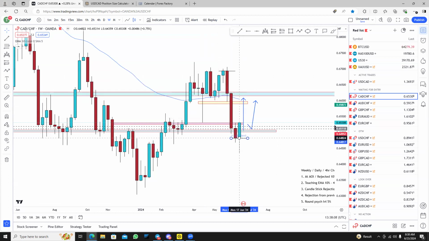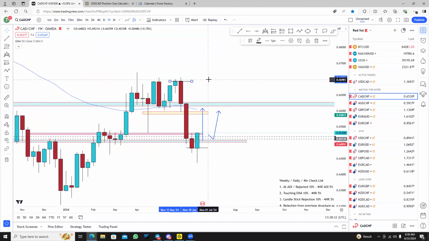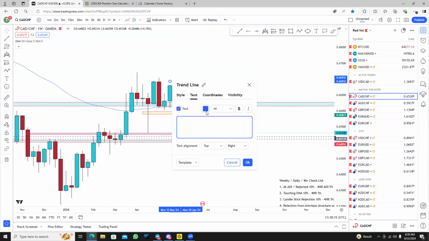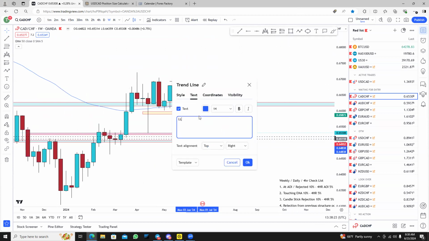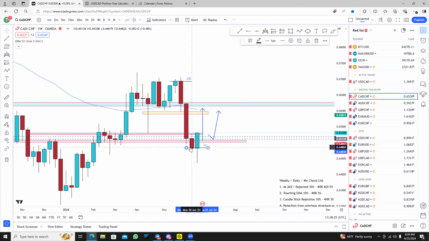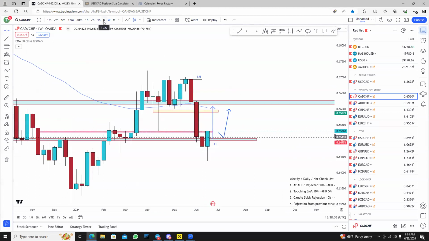That's your lower low. That's your lower high. I can mark it down for you. High. Lower low. That's your weekly. Weekly is bearish.